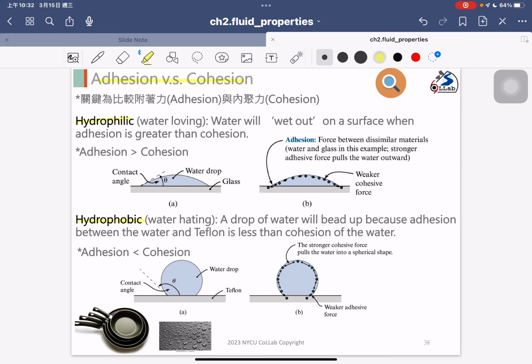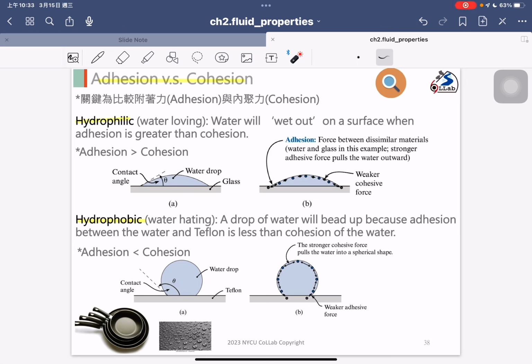So for hydrophilic, consider water, because we want to discuss water with different materials. The water will wet out on the surface when adhesion is greater than cohesion, so the adhesion is larger than the cohesion of the water's own molecules.